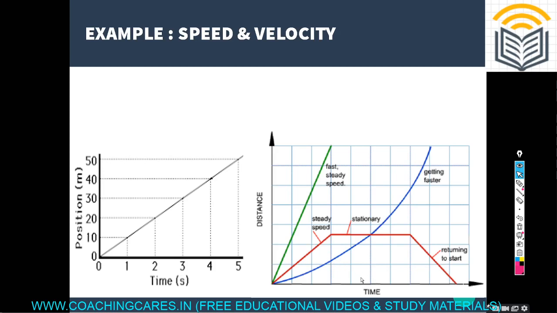The distance and time graph is the speed basically. Change in distance with respect to time is the speed, and here the change in the position of the object with respect to time is called velocity. So here speed comes into the picture in this graph, and here velocity comes into the picture.